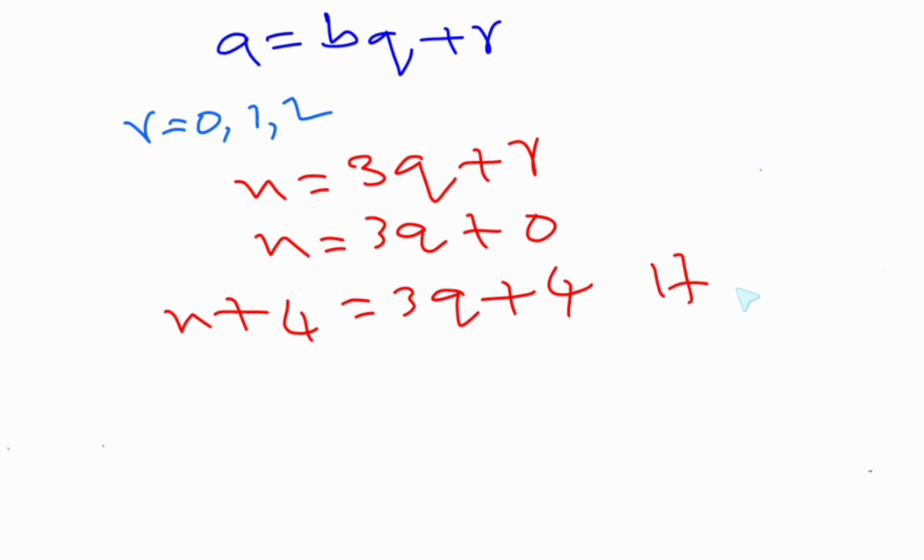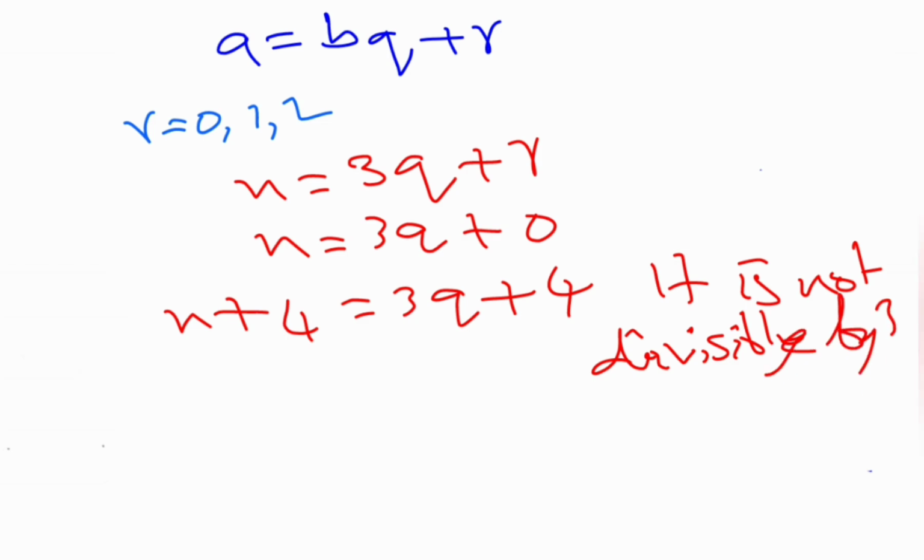It is not divisible by 3. Then for r equal to 1, n plus 4 is equal to 3q plus 4 plus 1, that is 3q plus 5.